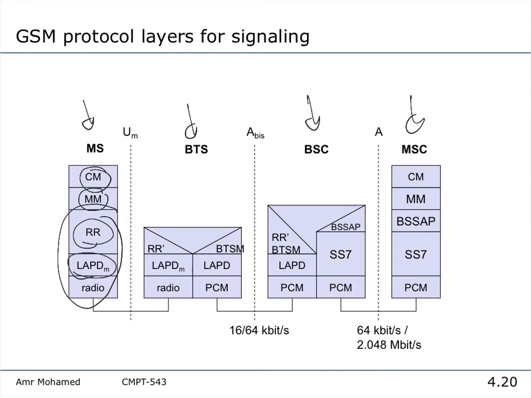This is the link adaptation, which is used as a data link layer. So it performs two functionalities basically: reliable transmission and flow control. So this one is used for the interface. That's why it's called LAPDm, which refers to the interface, and it performs reliability and flow control as part of the data link layer.